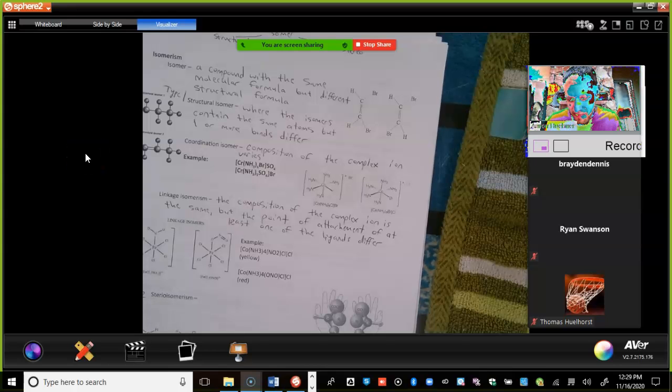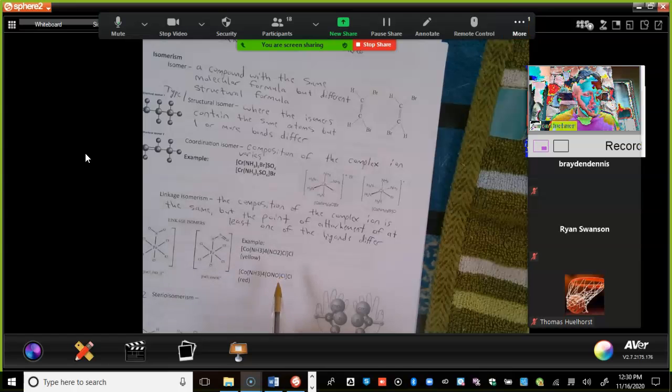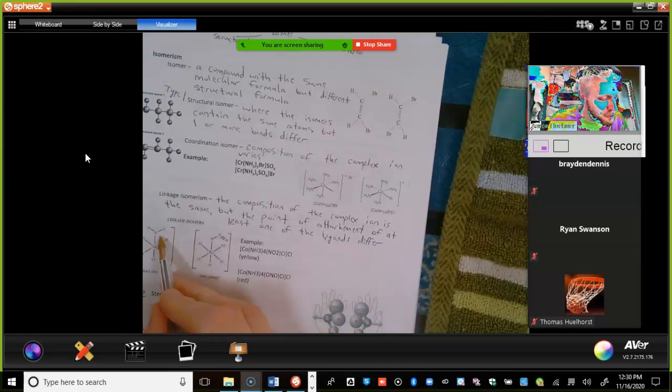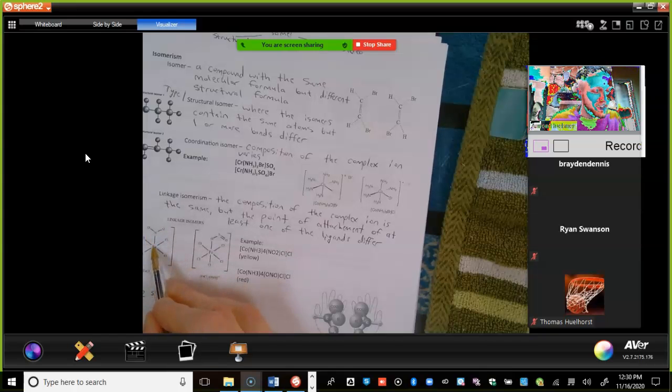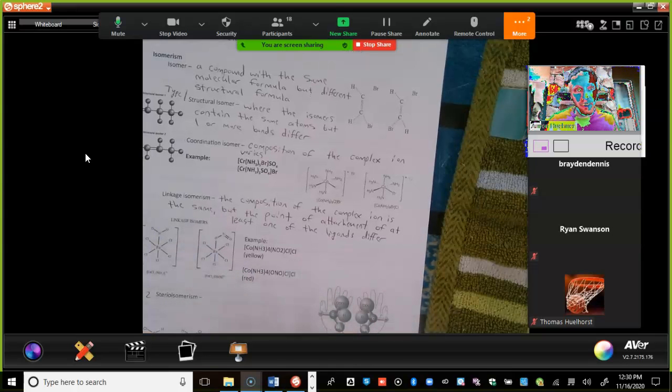All right. Anyways, getting back to linkage isomerism. Right here we've got NO2 attaching to the complex ion through the nitrogen. But hey, you have 2 lone pairs of electrons on oxygen. So here's another linkage isomer, and that's going to give slightly different chemical properties.